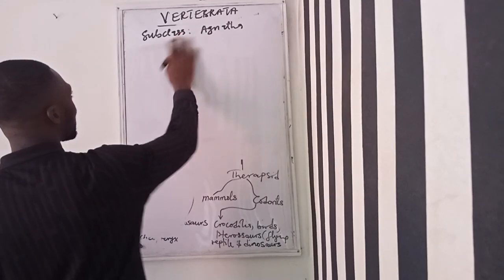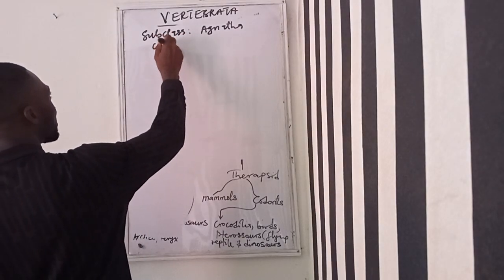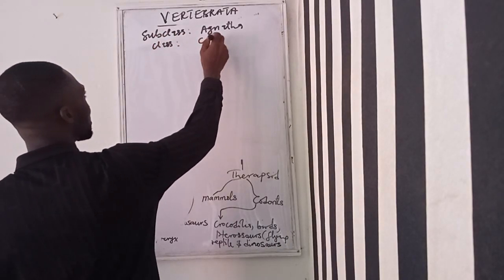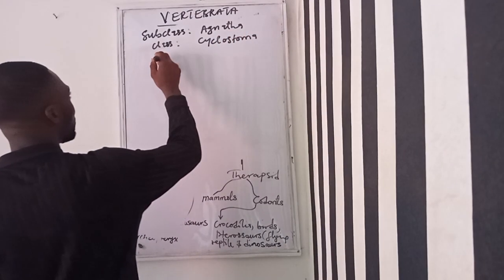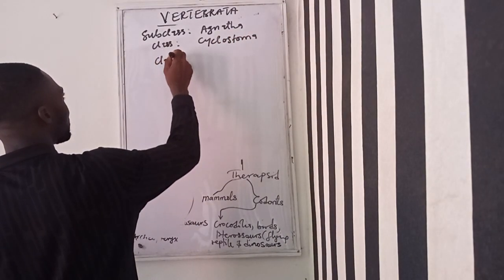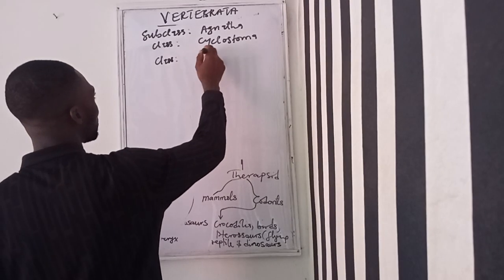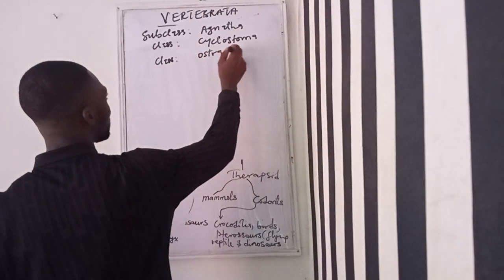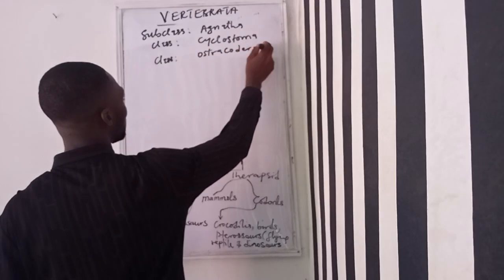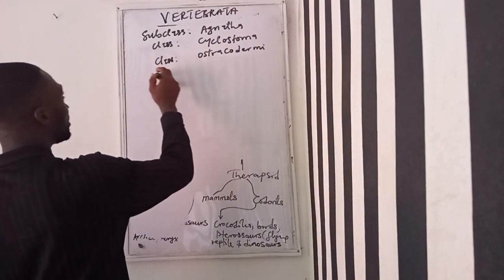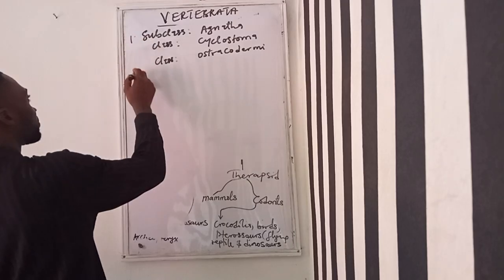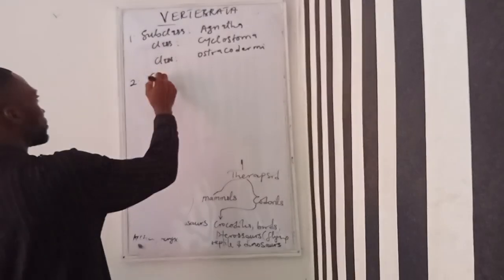We have class Cyclostomata. We have another class, the one they call Ostracodermi. Yes, Ostracodermi. Then this is superclass 1. They'll have Gnathostomata.